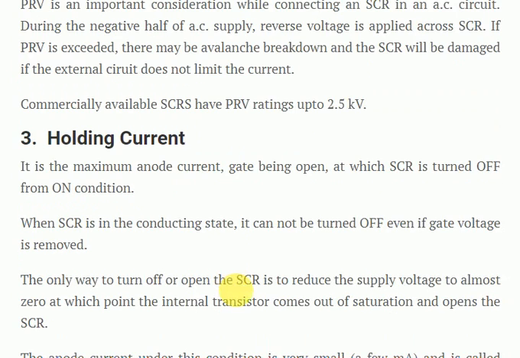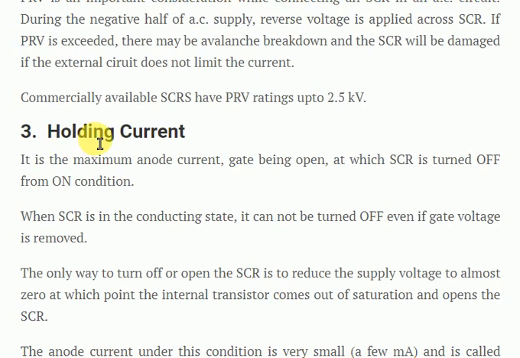Holding current. I can explain the holding current. It is the maximum anode current, gate being open, at which the SCR is turned off from the on state. When the SCR is in conducting state, it cannot be turned off even if the gate voltage is removed.